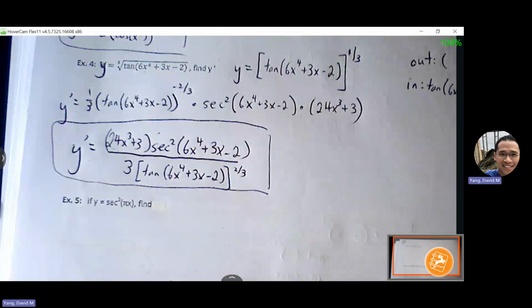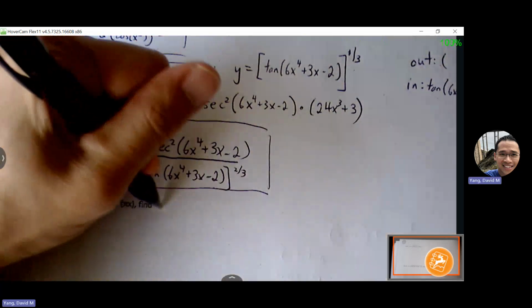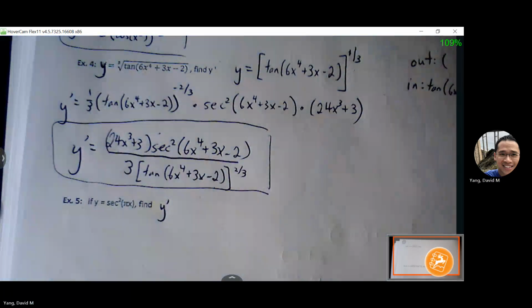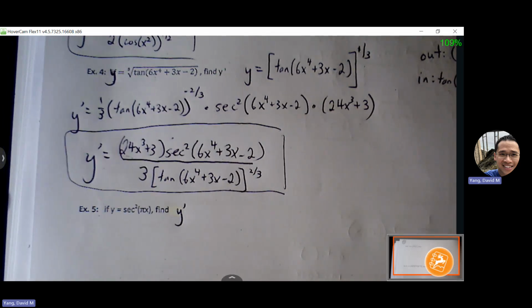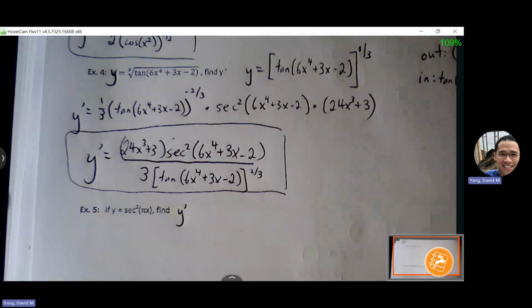Example 5, we're just going to find y prime. It says find y double prime, but we're just going to find y prime. Okay, so this is one of the biggest trouble spots for students with trig functions, and that is with this shorthand form.